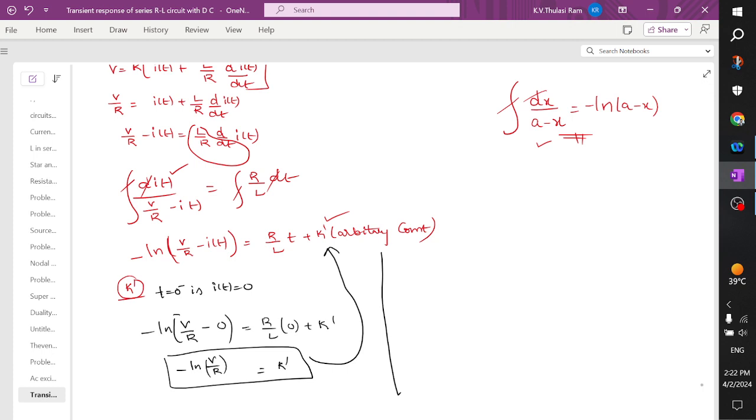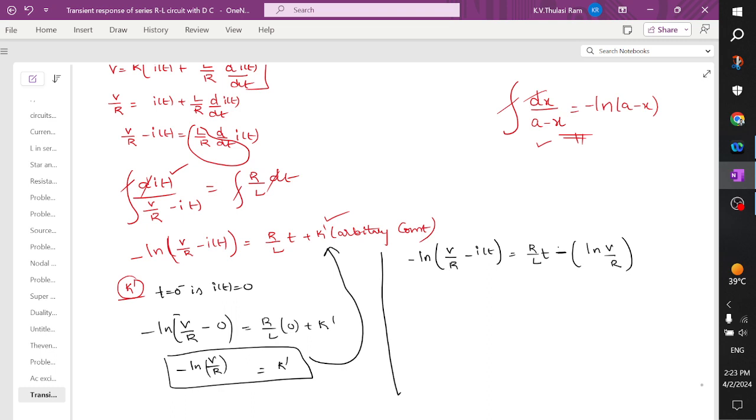So when you substitute here, you get minus ln v by r minus I of t is equal to r by l into t, plus the k dash you obtained, which is minus ln v by r. So this plus and minus will be written directly as minus ln v by r. These are negative terms.